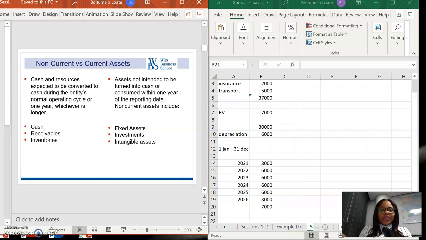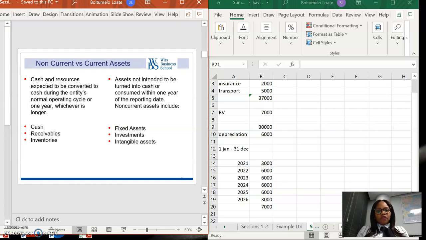Assets that are not intended to be turned into cash quickly or within a year are then classified as your non-current assets. You can have fixed assets within this section, which also include property, plant, and equipment, machinery, any delivery vans, any investments that you have, and your non-intangible and your intangible assets in this section.